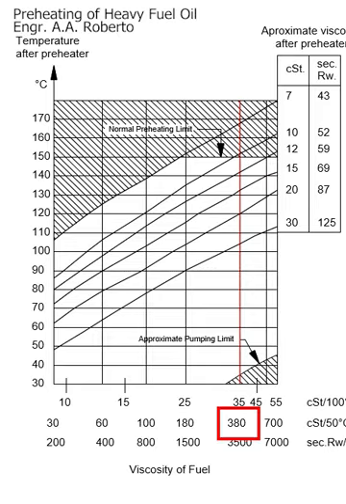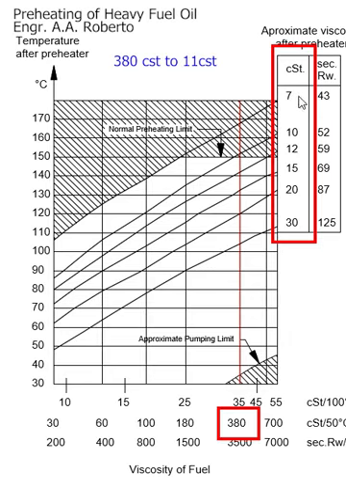Okay, so for example, our target viscosity is 11. So here on the right side, we can see the centistokes, from 7 to 30.